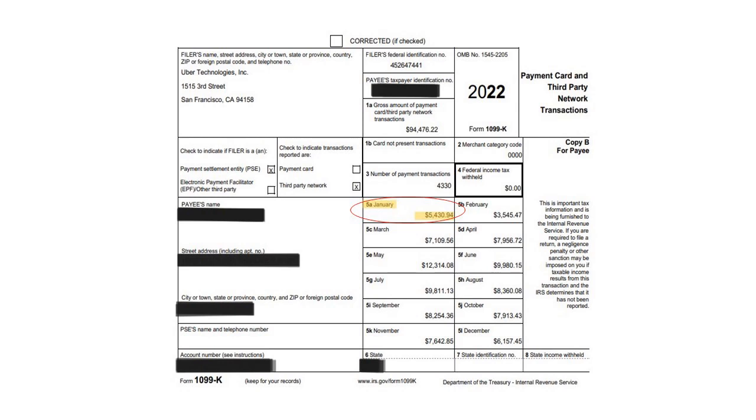Now, one would say, why has my income been reported or misreported and inflated by Uber? Well, it appears as though, and I'm no tax expert, I'm not giving financial advice, but it appears as though you, the Uber rideshare driver, are paying Uber's taxes.